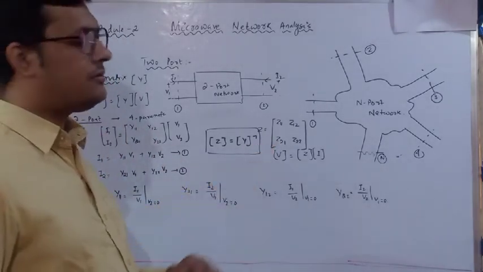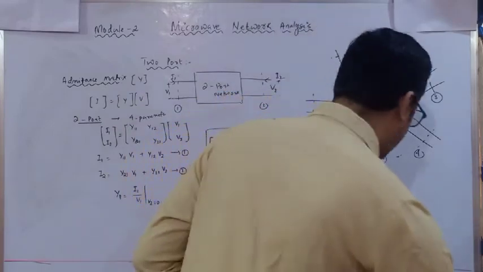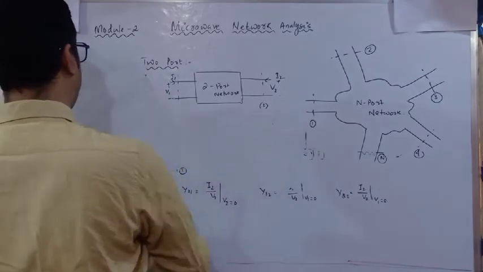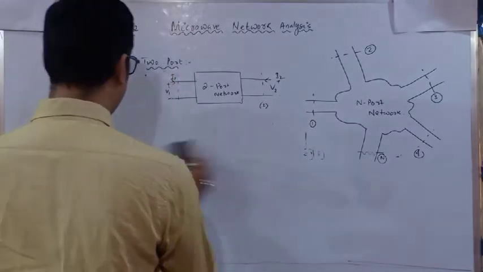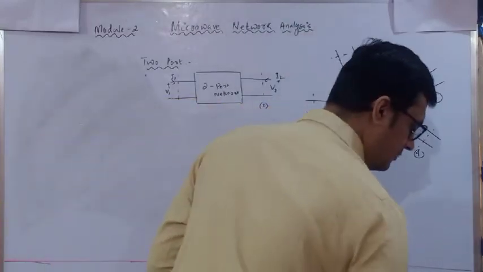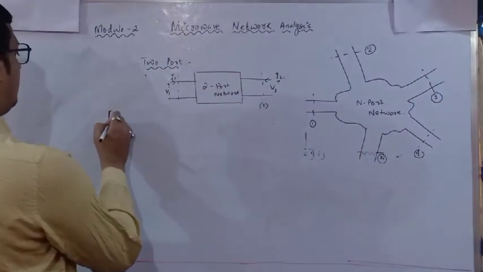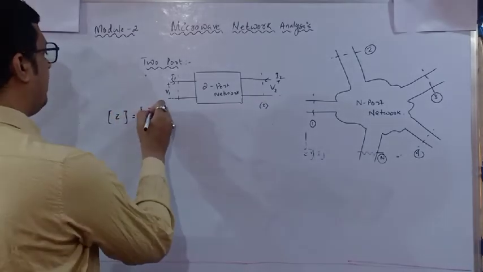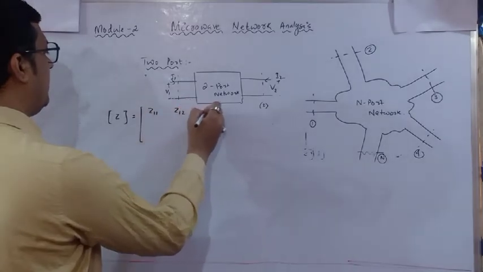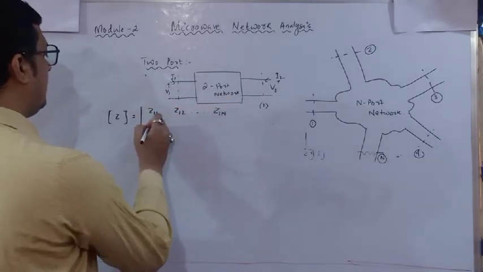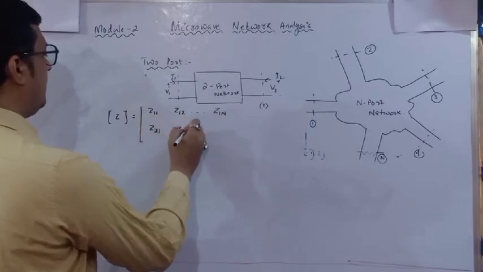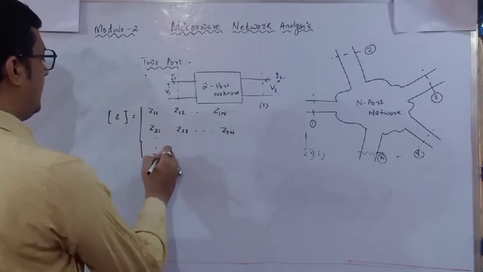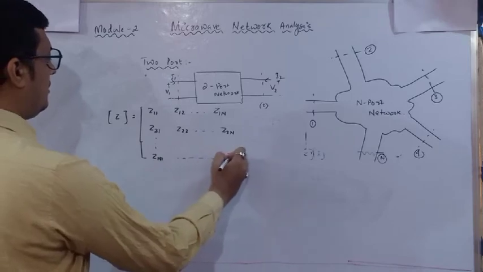your impedance matrix and admittance matrix you can represent as follows. Suppose I am discussing the impedance matrix for nth port, we will have Z11, Z12 dot dot Z1n, Z21, Z22, Z2n dot dot dot Zn1 dot dot dot Znn.